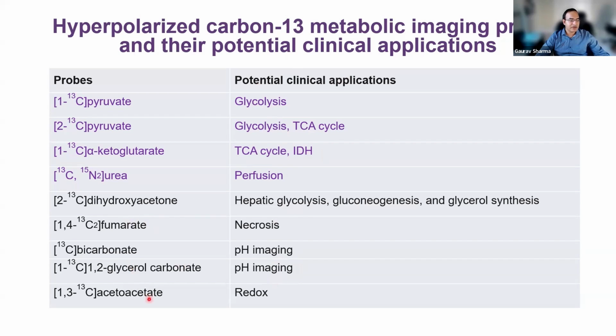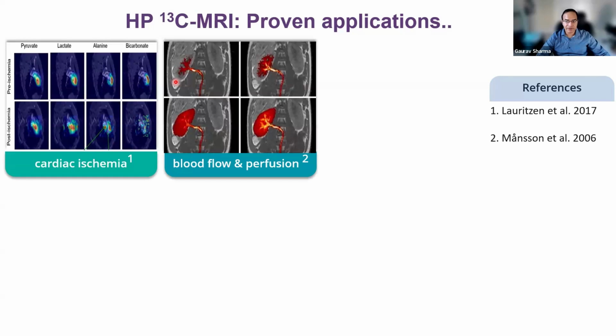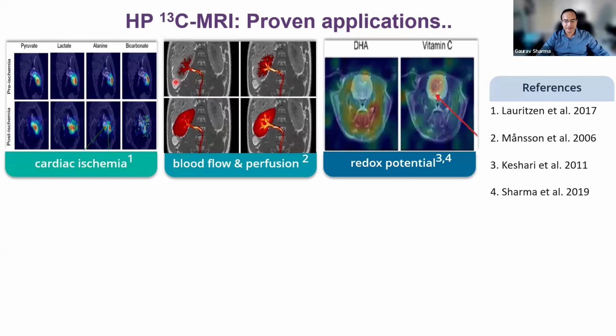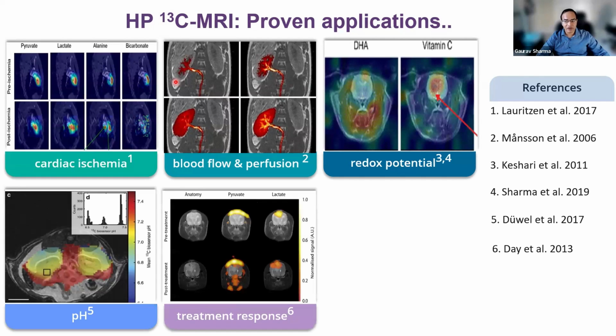All the different probes assess different metabolic functions, and there are several proven applications. I will not go into detail, but I will give you a glimpse of it, with references for anybody who wants to take a look. It can scan cardiac ischemia, blood flow and perfusion, redox potential, pH in tumors, treatment response, and cellular transport rates.